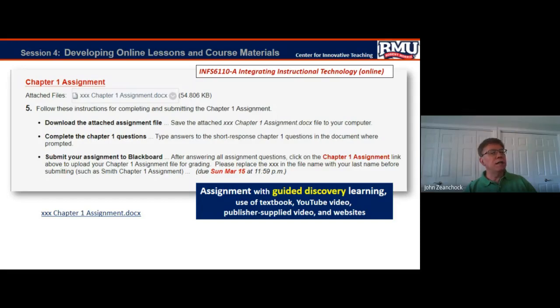So the first example here that I have done, and if you try to do this with 5 or 6 major things in Blackboard all at once, it becomes very confusing and becomes very long. So instead, what you can do is something like I've done here, put it together in a document assignment.